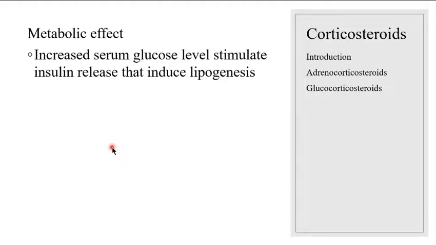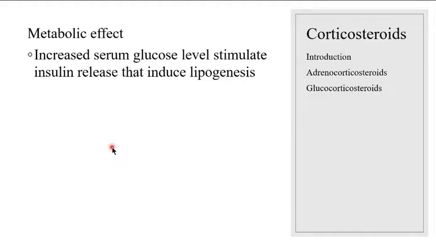Now, when the protein molecules are diverted towards increasing the level of glucose, at the same time cortisol is inhibiting absorption of glucose by the other cells. Both of these processes ultimately lead to an increase in the level of glucose in the body.